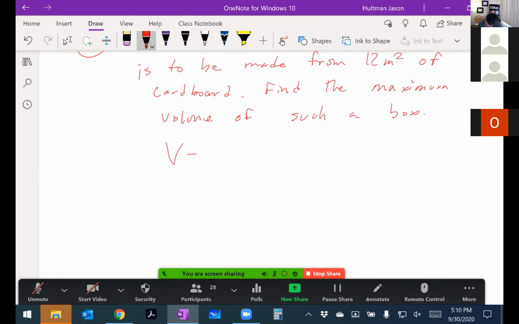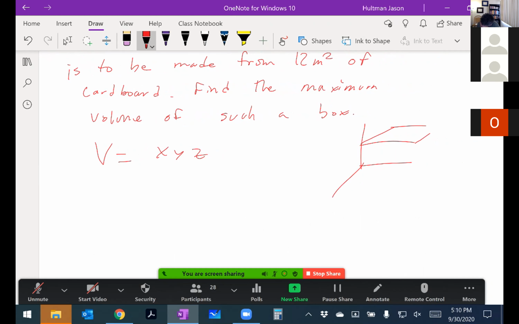So find the maximum volume of such a box. What's the volume of a box? X, Y, Z, right?